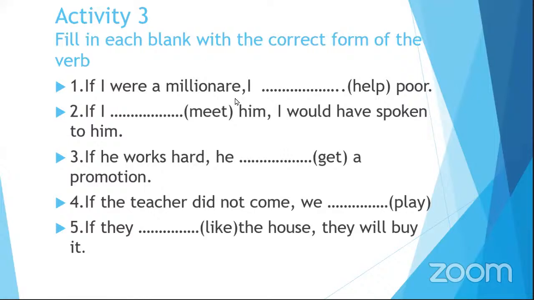Well, we'll discuss the answers. I told you this is the last one. Now you have a good picture of type 1, type 2 and type 3 conditional sentences. Now with that knowledge, we are going to discuss the answers of this activity.